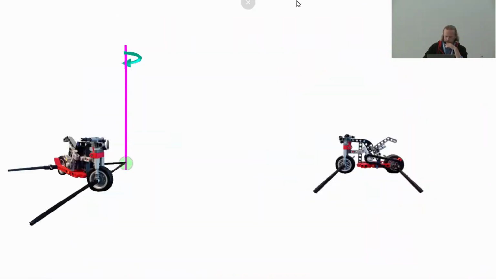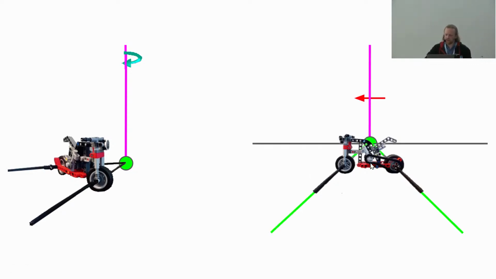Here we've got them meeting at this point over here, and this motorbike performs a rotation around this line. Here, if you extend these lines, they meet at a point on the horizon, and the motorbike, when it goes forward, is doing not a rotation, and certainly not around a line, because it can't go all the way around that line, but it's doing a transformation that preserves that line.